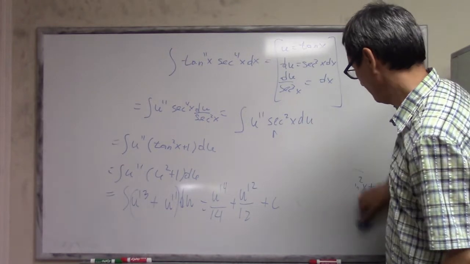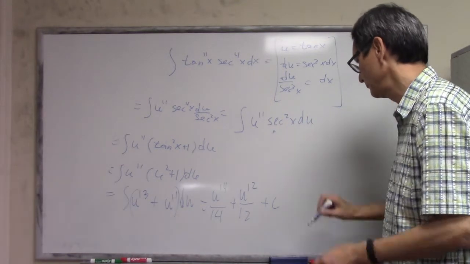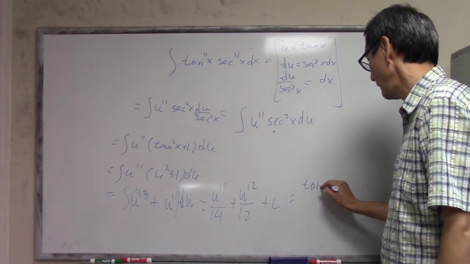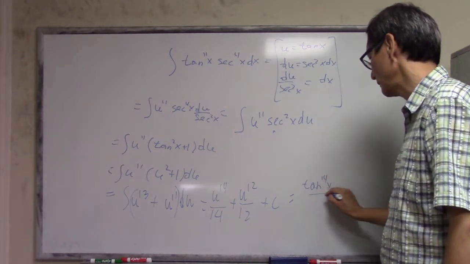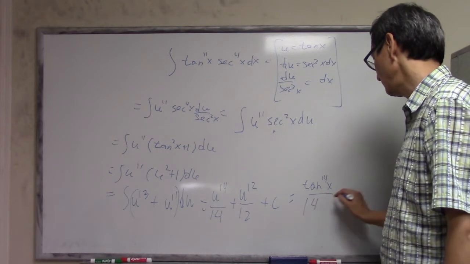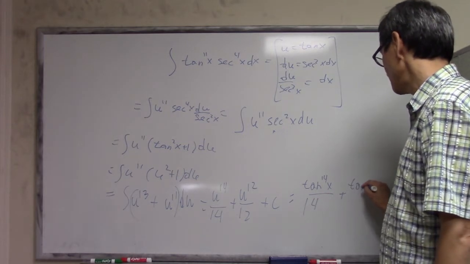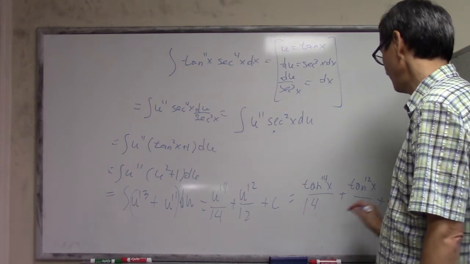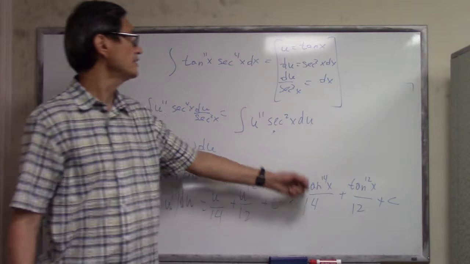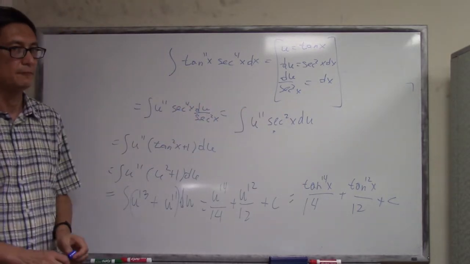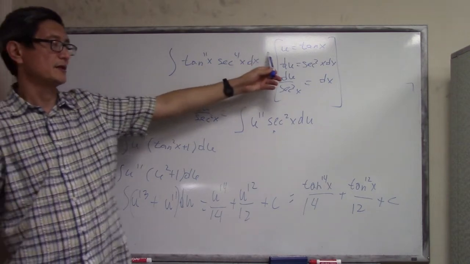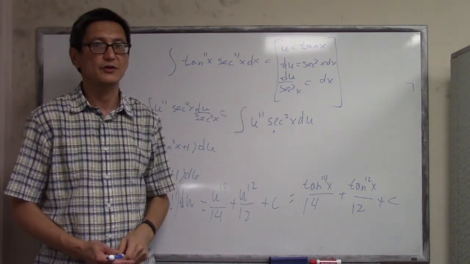So tangent x raised to the 14th power over 14 plus tangent x raised to the 12th power over 12 plus c. So that will be the antiderivative of the original integral. So we see secant raised to an even power, and the substitution we want to proceed with is u equals tangent x.